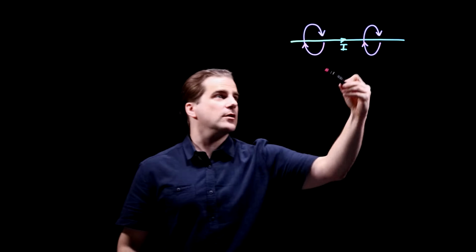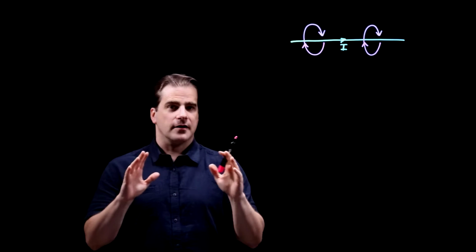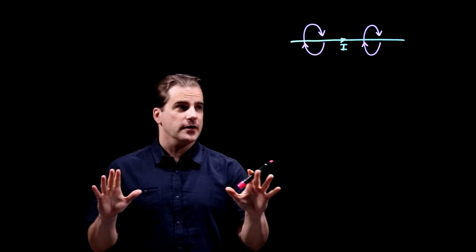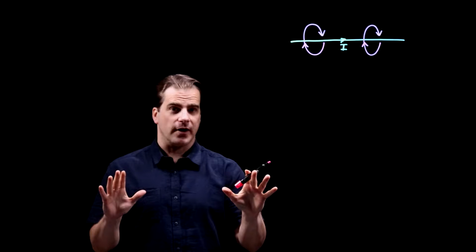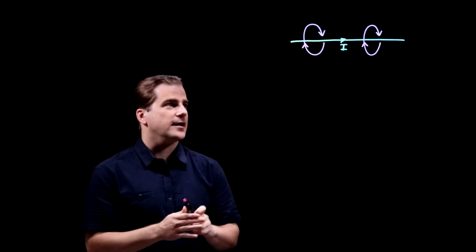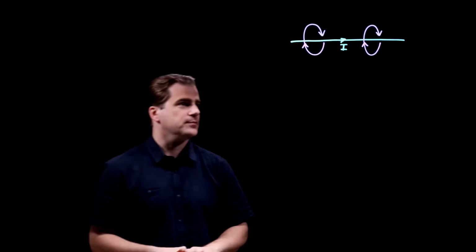Okay, so that's what the magnetic field looks like, and a current always produces a magnetic field. You might not have been told that before now, but it does. Okay, so we can use this fact to do some clever stuff.